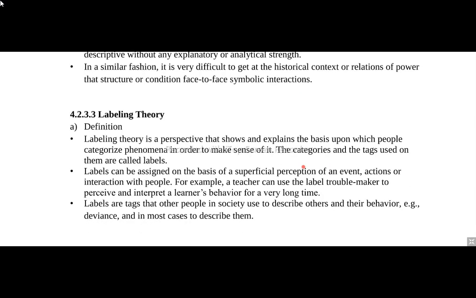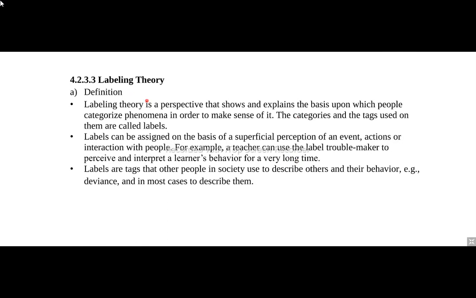We go to the third theory, labeling theory. Definition: labeling theory is a perspective that shows and explains the basis upon which people categorize phenomena in order to make sense of it. Phenomena are something that you have experienced or observed in the society.